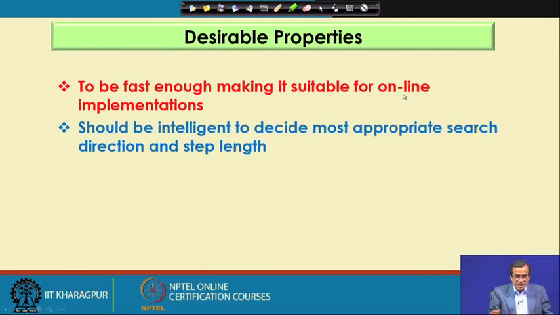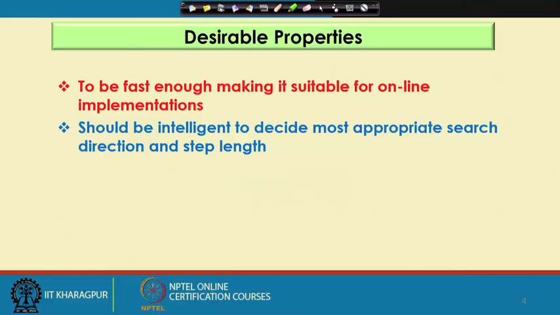So, for online implementation, within a fraction of a second, it should be able to provide that optimal solution. And this algorithm should be intelligent enough to decide what should be the step length and what should be the search direction at each iteration.